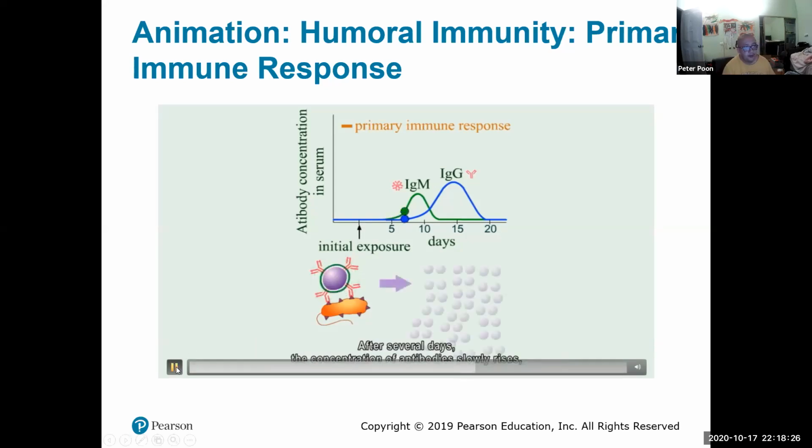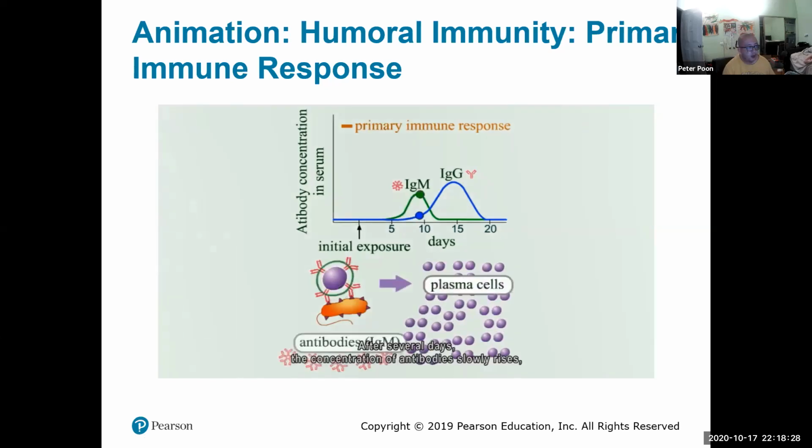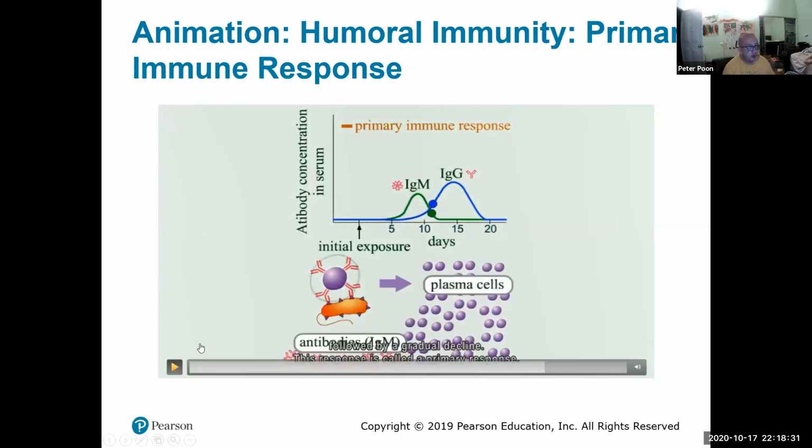After several days, the concentration of antibodies slowly rises, followed by a gradual decline. This response is called a primary response.